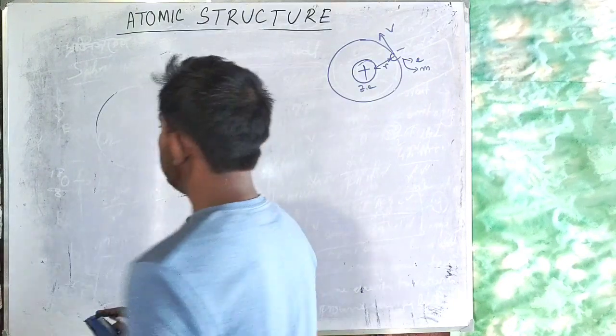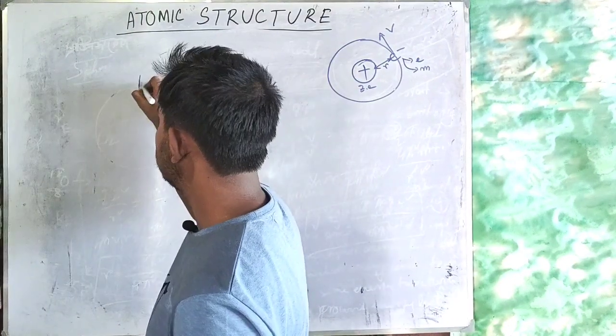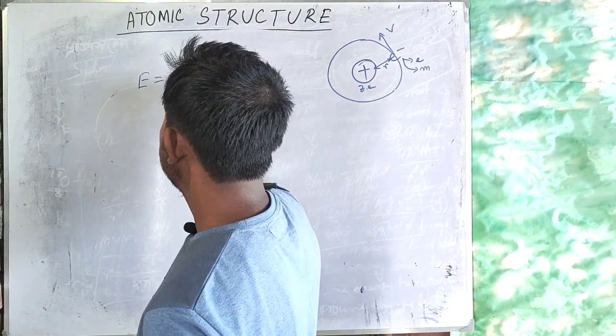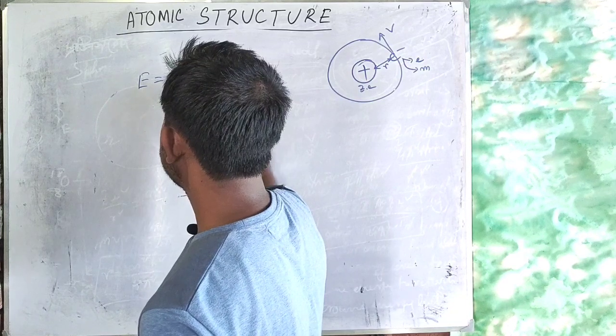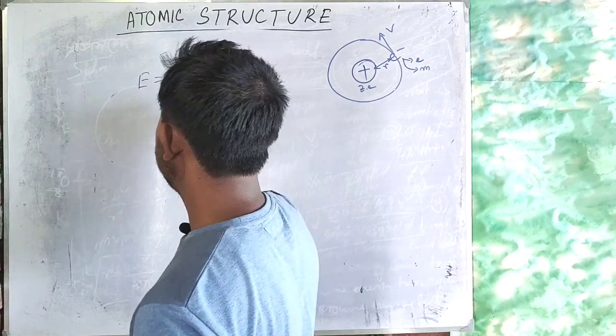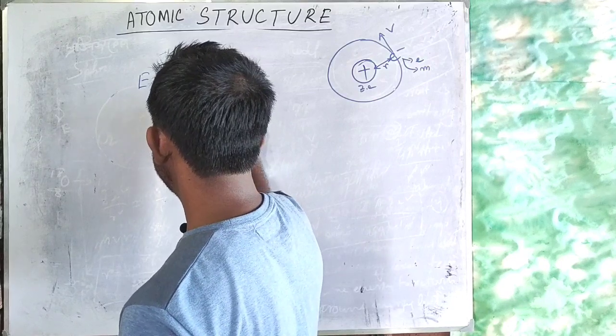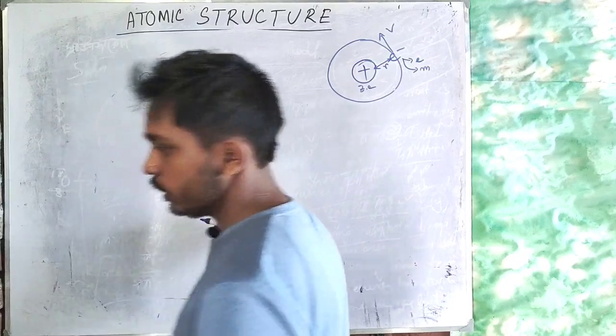Now the total energy of an electron will be the summation of its kinetic energy and potential energy. So kinetic energy can be written as ½mv² plus potential energy.